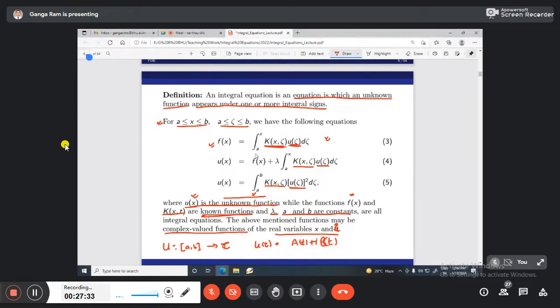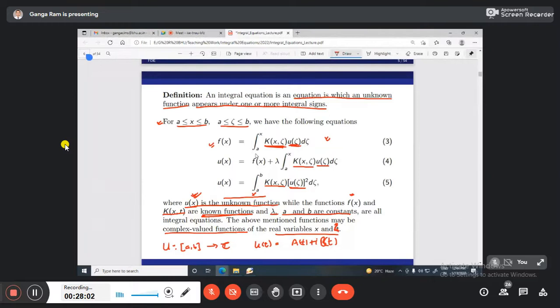Under the integral signs we have two functions, k and u, in which u is the unknown function. Unknown function means we have to calculate u(x) from these integral equations. Basically u is a solution of this integral equation, which means u is a function that satisfies these integral equations.